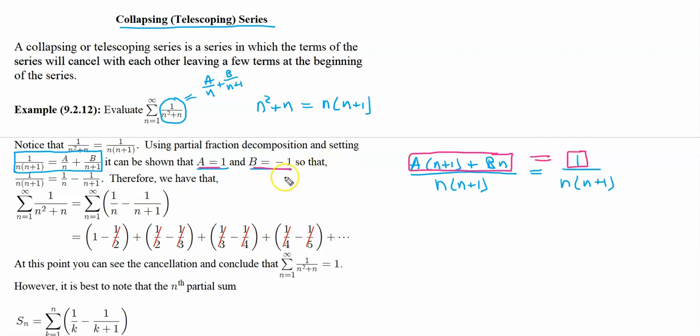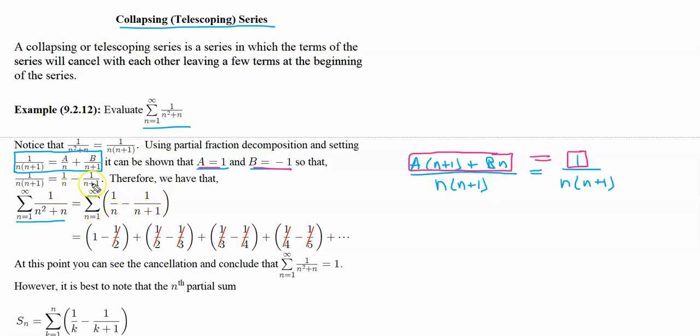So the series we started with is equal to the summation of 1 over n minus 1 over n plus 1. That's just using partial fraction decomposition, so we didn't change anything.